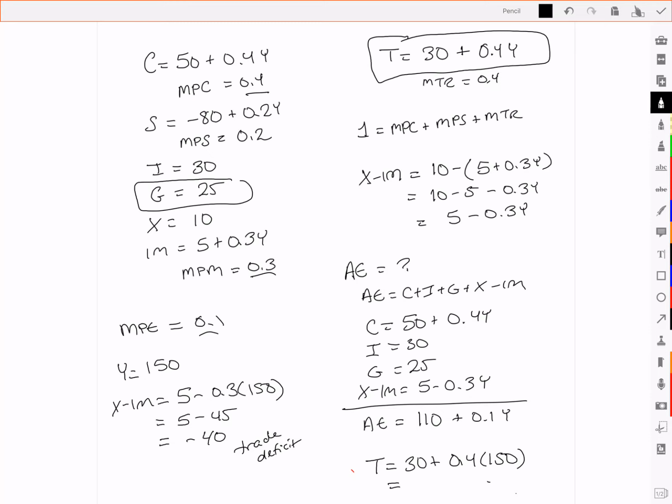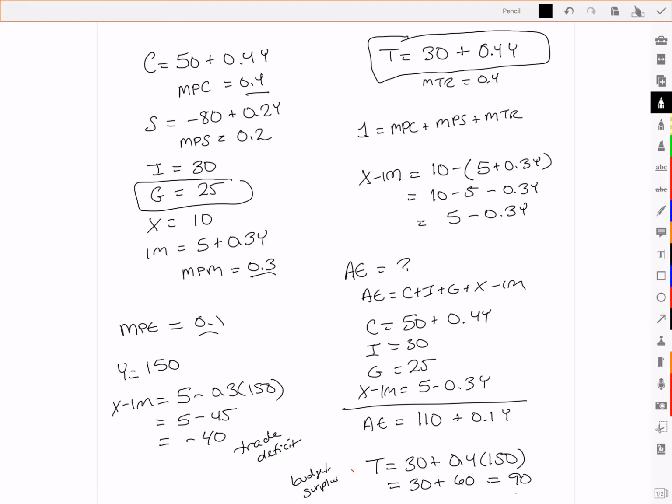All right, so we do our 0.4 times 150, so we get 30 plus 60. So net taxes are 90. Government spending is 25. So if we're bringing in more tax revenue than the government is spending, do we have a surplus or a deficit? We have a budget surplus. And how big is that surplus? Well, it's the difference between 90 and 25. So we have a budget surplus here of $65.